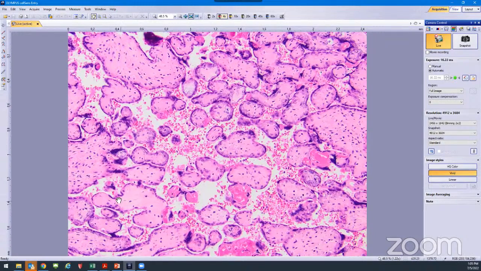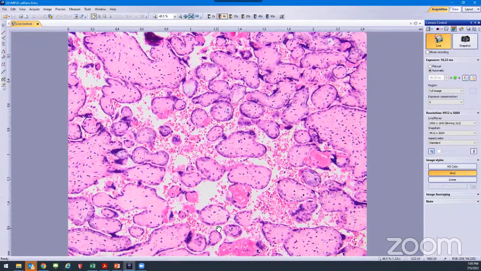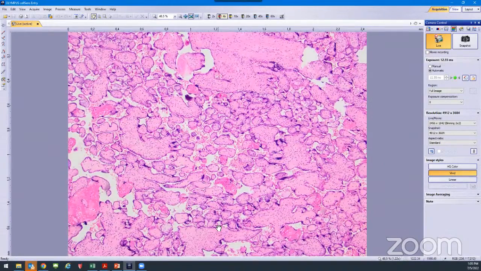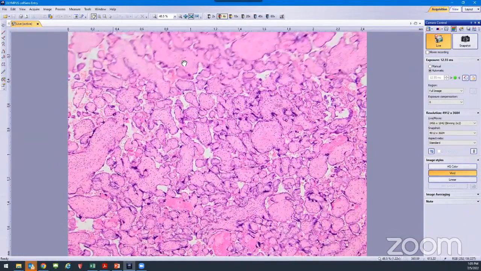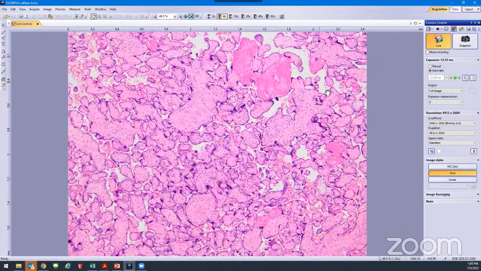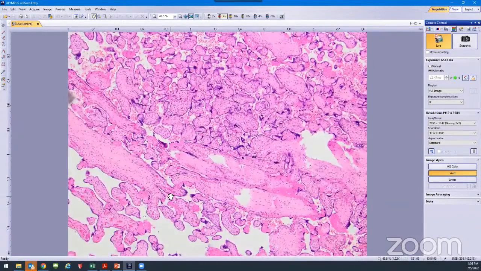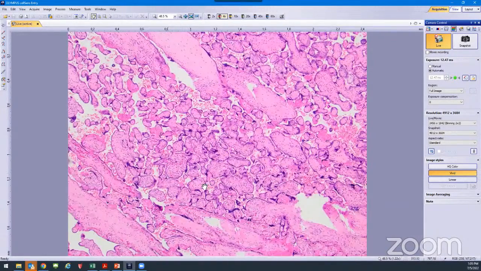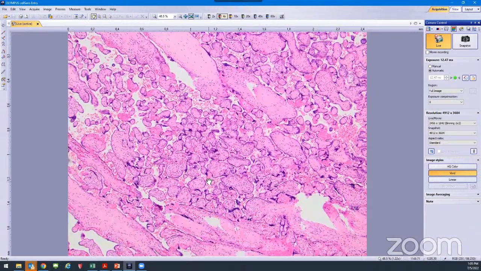So this is what I mean by heterogeneity: temporal heterogeneity of the involution of the fetal vessels, as well as spatial, because this area of avascular villi is large and limited to this certain area versus the rest of the placenta, which has less involutional changes.